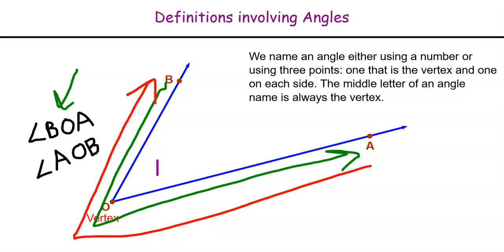Write down the names of this angle and any other markings there that you need to remember how to do this. Definitely want to write down that the middle letter of the angle must always be the vertex. That's how angles are named. We have a few more definitions as it relates to angles, and then we will be ready to end the video.